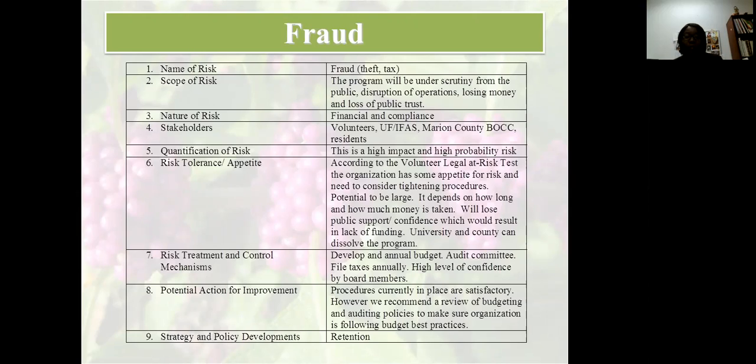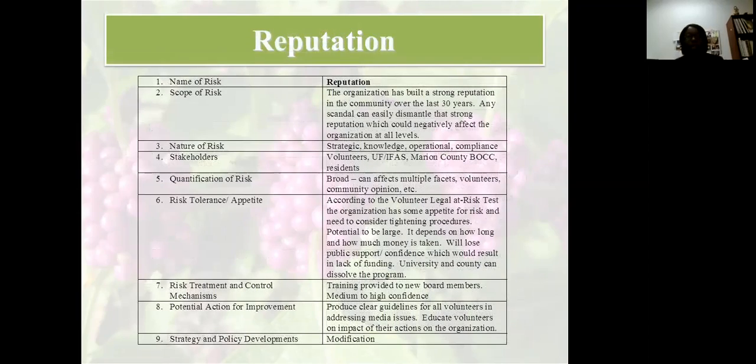So this is a risk, of course, that any organization would want to retain. So the procedures currently in place, we felt that they were satisfactory. However, we recommended budgeting and auditing policies to make sure that we're following best practices. So we needed to improve upon what we were currently doing.